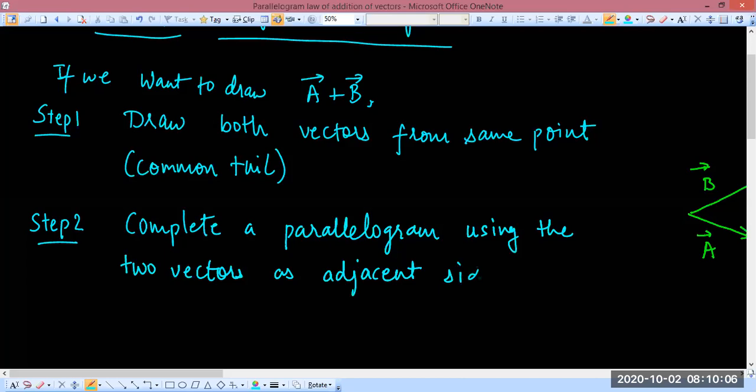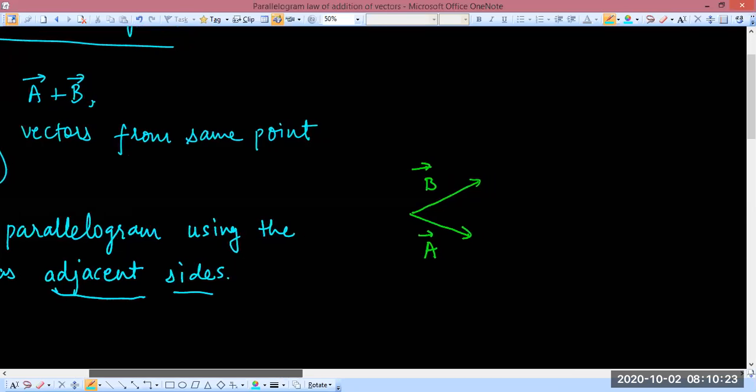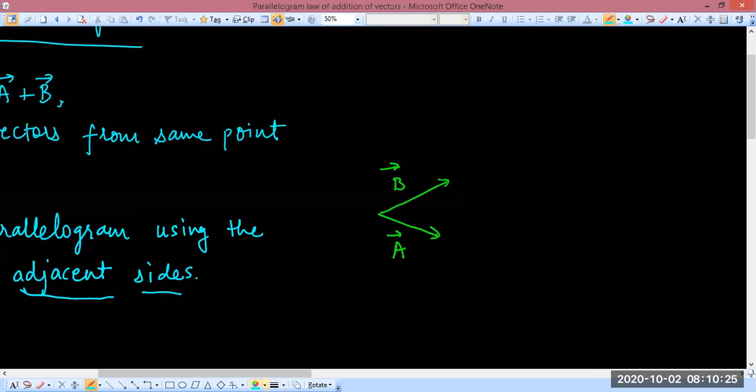So what this means is we take these two sides, these two as adjacent sides. Adjacent means next to each other, right? Okay, so we take these two as adjacent sides of a parallelogram. We have to draw a parallelogram now using these, right?